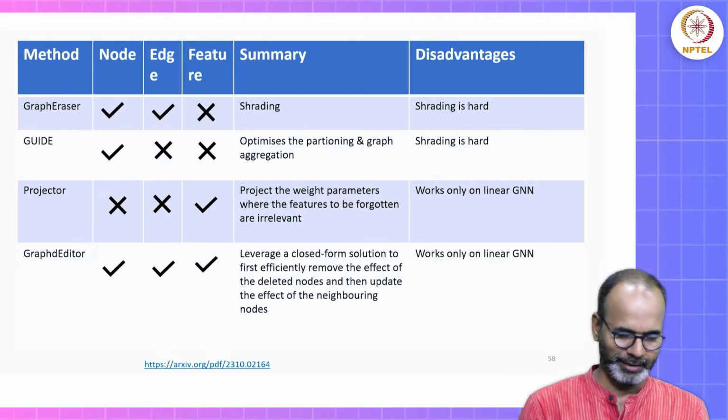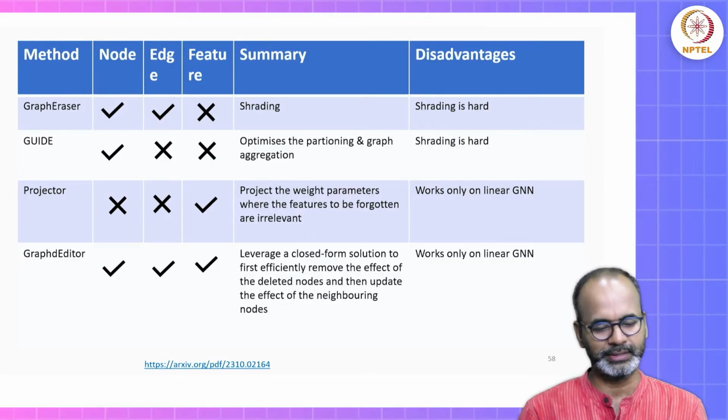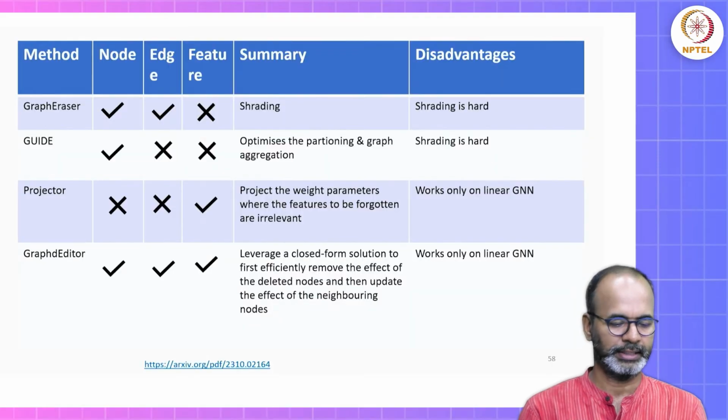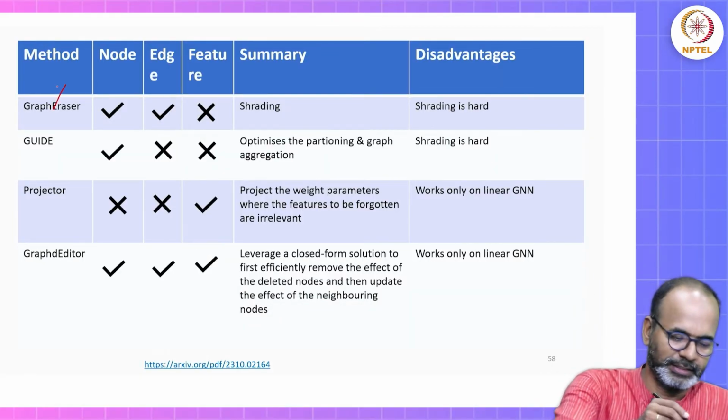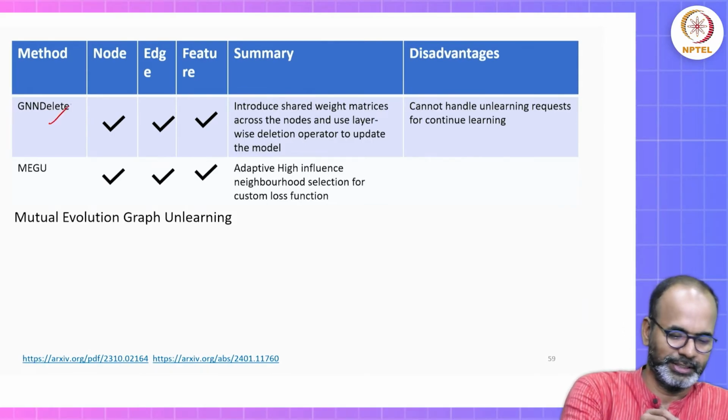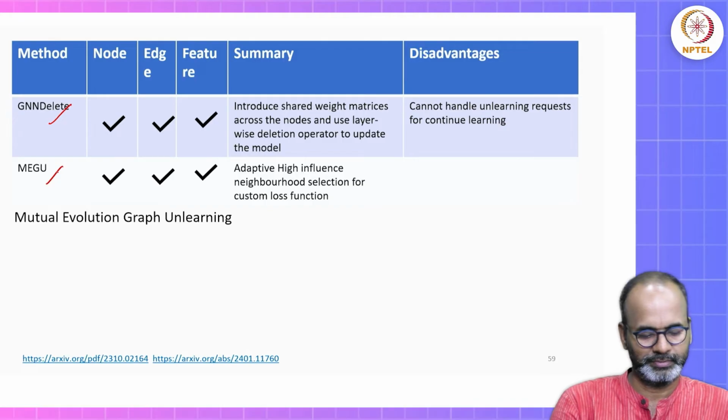So again, this is available in this paper in detail, but I wanted to emphasize some methods for graph unlearning, which are GraphEraser, GUIDE, Projector, and GraphEditor, and GNNDelete and MEGU.